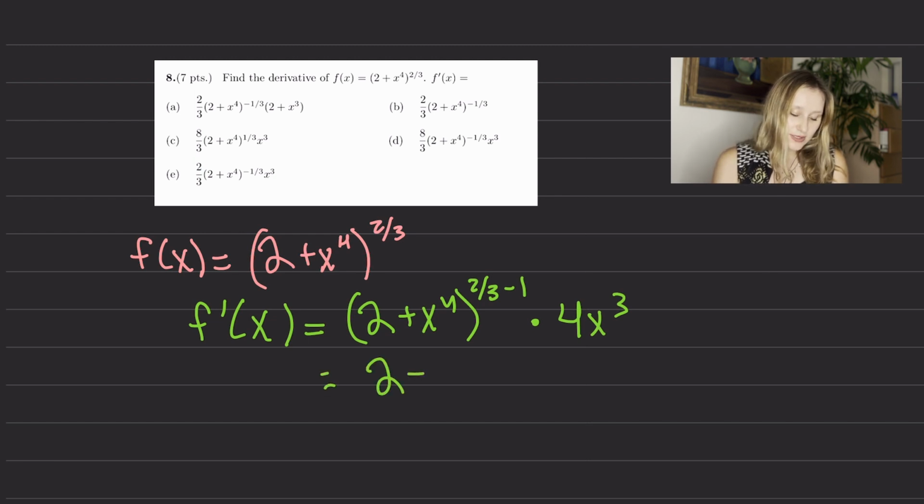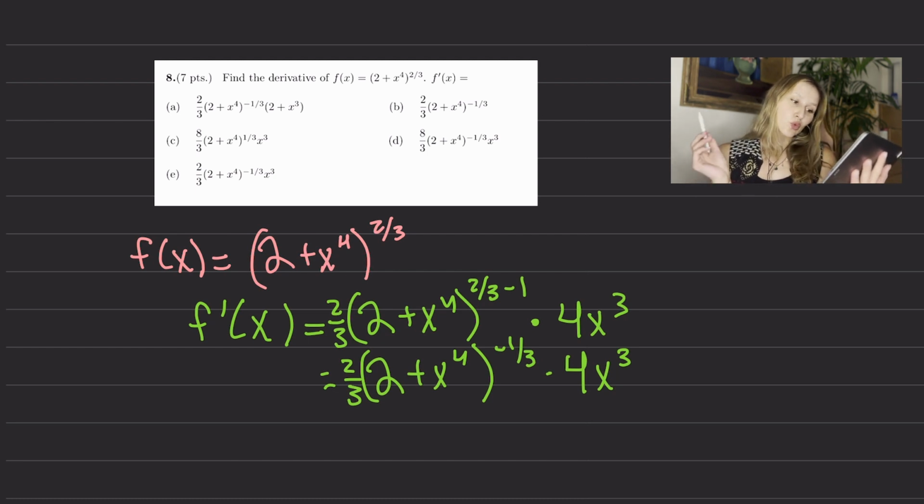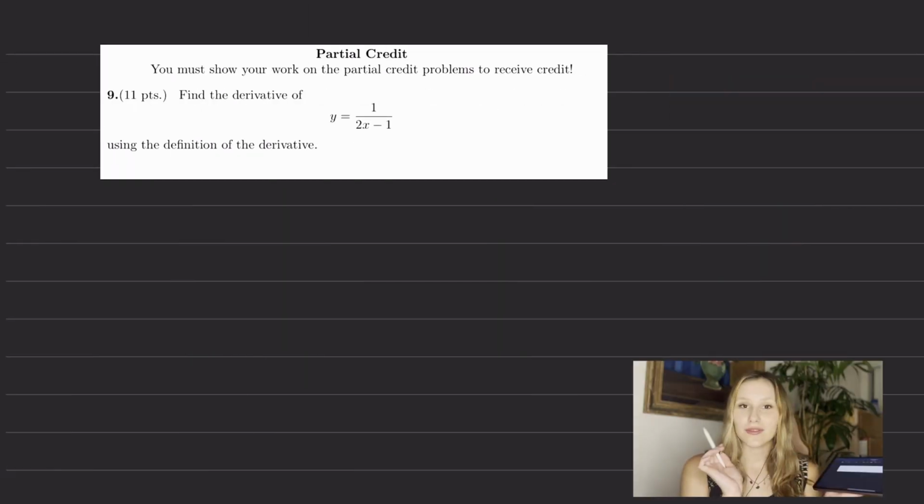Simplifying, we get 2 plus x to the 4th to the minus 1/3 times 4x cubed. And you know what? I forgot to put the 2/3 in front. So I'm going to do that. 2/3 is in front. It would be this one because it has the right sign here. X cubed. We have that. Yeah, it's choice D.